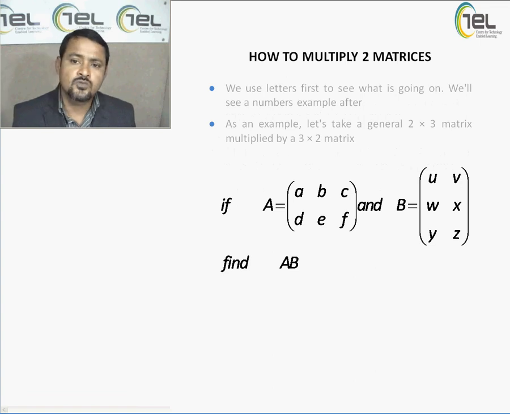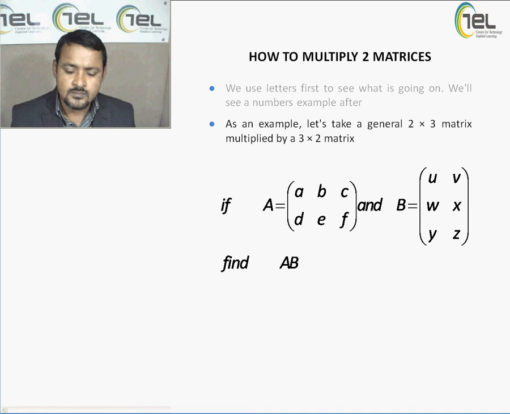But how should we multiply the matrices? Let's take a general 2 into 3 matrix multiplied by a 3 into 2 matrix. You can see that matrix A has 2 rows and 3 columns, and matrix B has 2 columns and 3 rows.